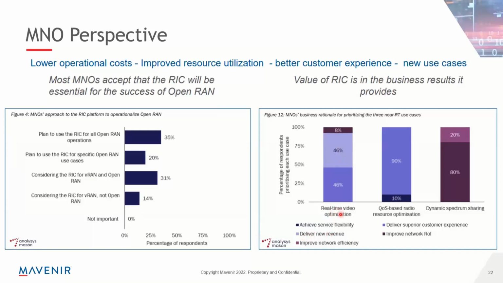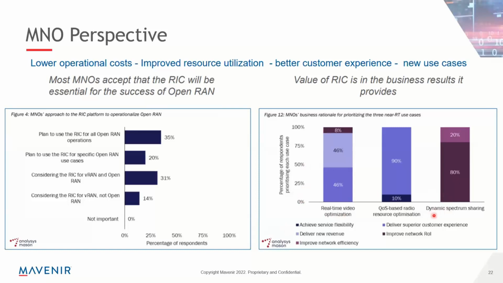For real-time video optimization, the video industry, YouTube and streaming, is very key. Streaming providers are particular about network performance, and different use cases are becoming more and more available via the network, where the network can optimize. So once your network can handle more traffic, that opens up more revenue streams for that operator.